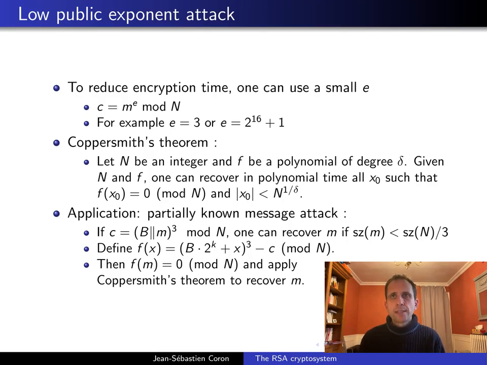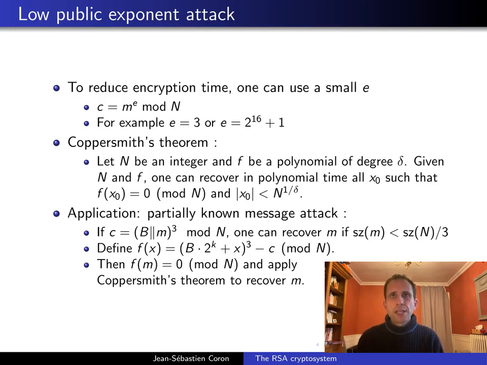So all x0s, such that f of x0 is congruent to 0 modulo n. But only the small roots, so if x0 is less than n to 1 over delta. So Coppersmith's technique provides an efficient algorithm to recover the small roots of a polynomial modulo an integer n for which we don't know the factorization.